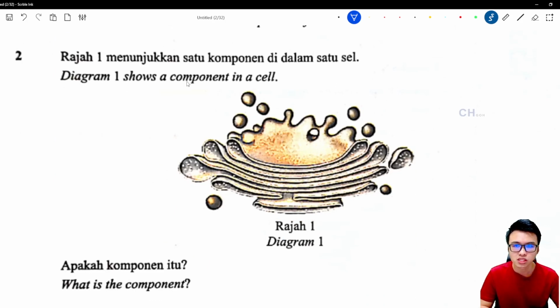Diagram 1 shows components in a cell. Okay, so what's the meaning of component? Component means mitochondrion, nucleus, chloroplast, those kinds of stuff inside the cell are called the components. Now look at this component. When students come to this point, they will realize that this thing looks similar to another stuff which looks like this.